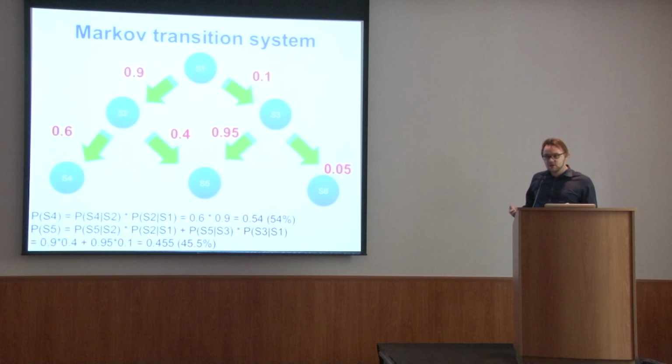It's possible to compute the multi-step probability of state reachability. Say I ask: what is my probability of reaching state 4? Because I know state 4 is an exploitable state.